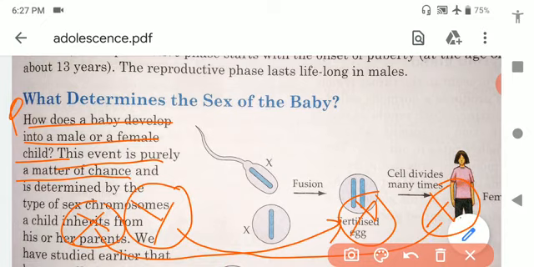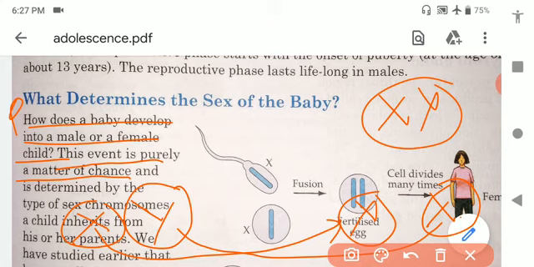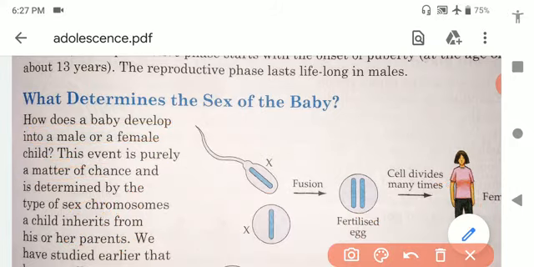If Y fuses with the X, it becomes XY and the baby will be male. But when X meets X, it becomes double X and the baby will be female. Understood? So you must understand that it is a matter of chance.